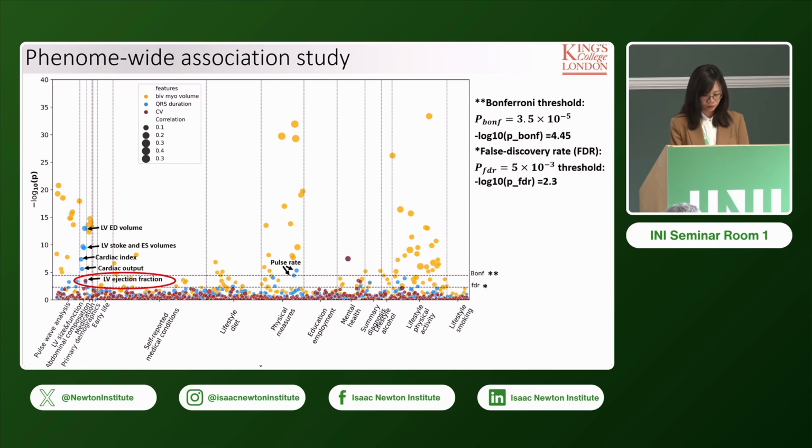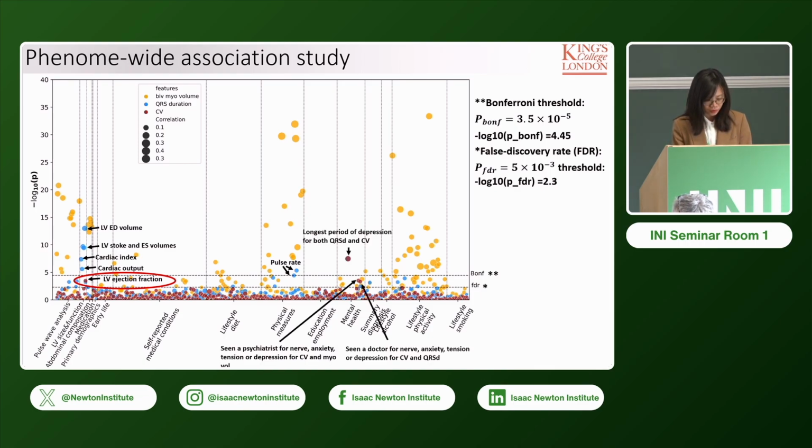The first is that unlike the QRS duration, shown in the blue dots, which is correlated with a lot of cardiac structural metrics, the conduction velocity, shown in the red dots, is only associated with the left ventricle ejection fraction, and this really suggests its potential to be used in diagnosing heart failure patients.